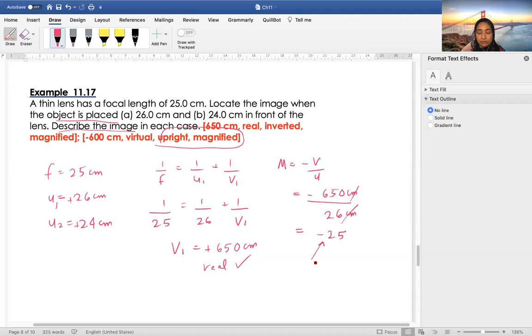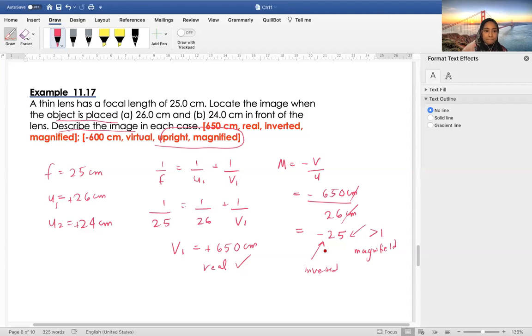So negative means inverted. This guy is more than 1, which means that it is magnified. So there are two information that you can get from the magnification. The sign will tell you if it's inverted or upright. And the value will tell you if it's magnified or not.